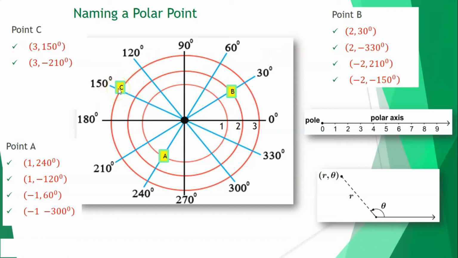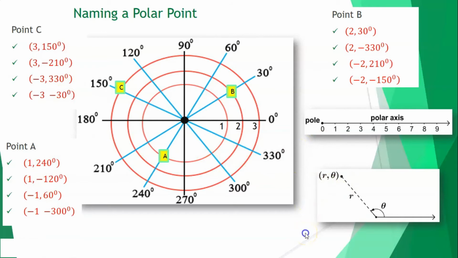Now take note, to make use of a negative radius, you have to go to the opposite quadrant, which is the fourth quadrant. So in this case, this will be (negative 3, positive 330 degrees). The point will always go back to this. So for 330 degrees, its negative coterminal angle would be negative 30 degrees. So take note of that.